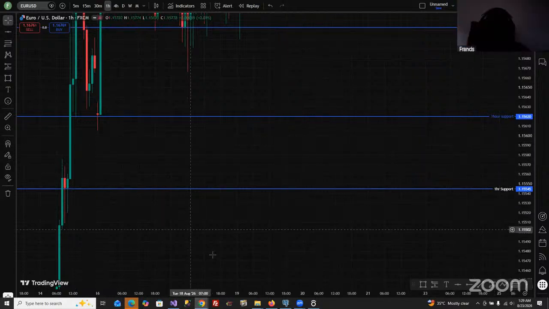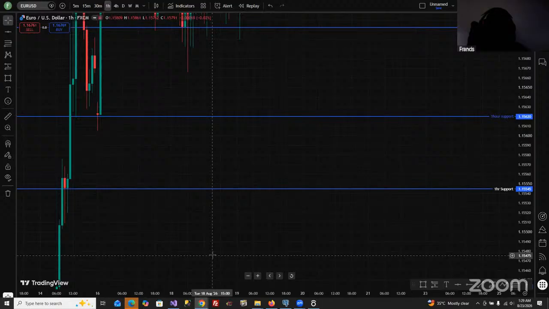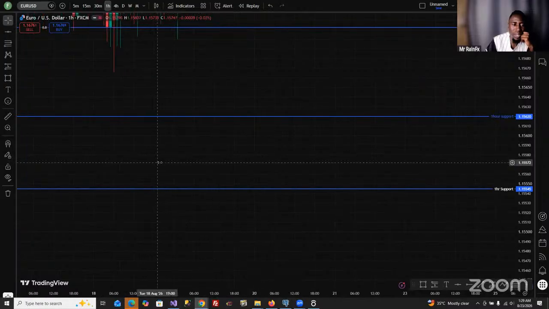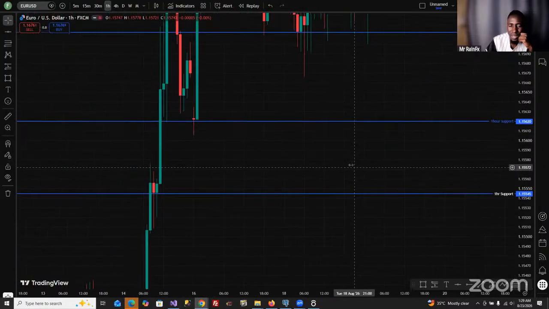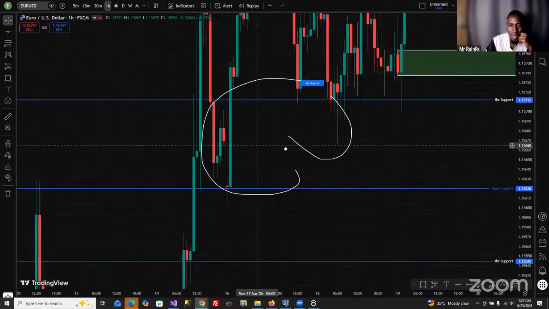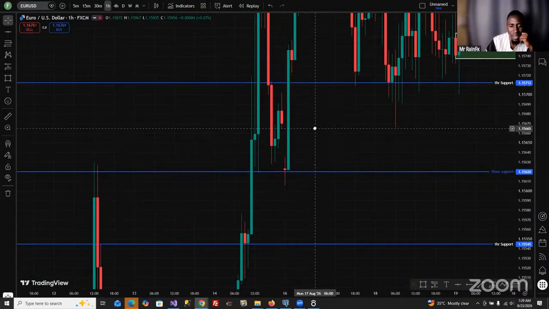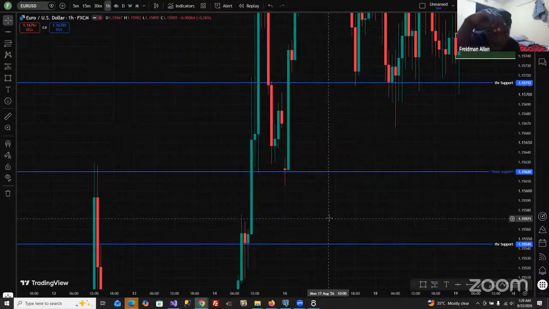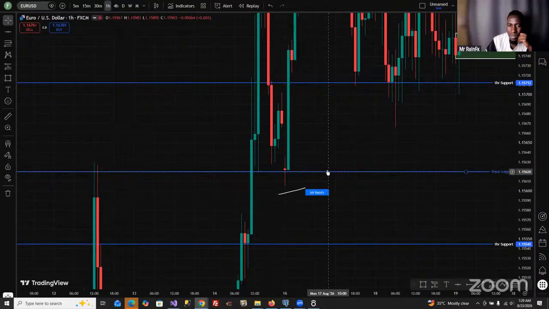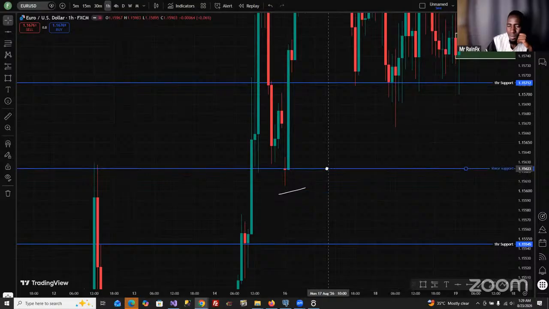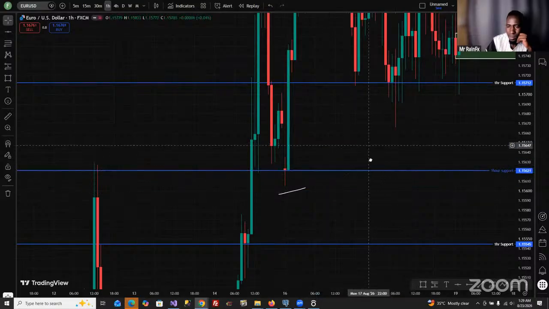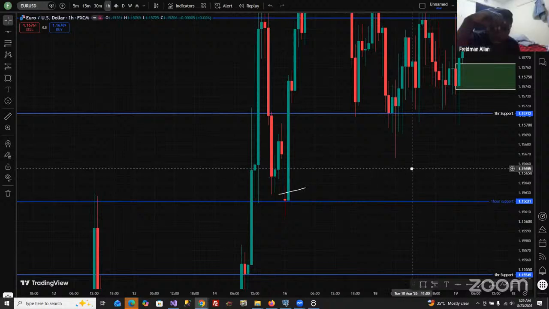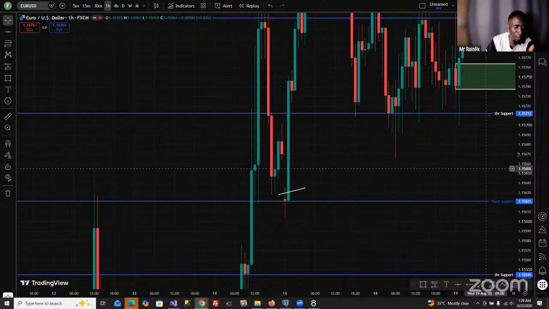Bring it to the center. Yes, at least make the candles a bit bigger. Bring it to the center here. I want this part to be visible from top here to down here. Pull it down a little bit. Now try to shrink your chart so that I can be able to see up, down.